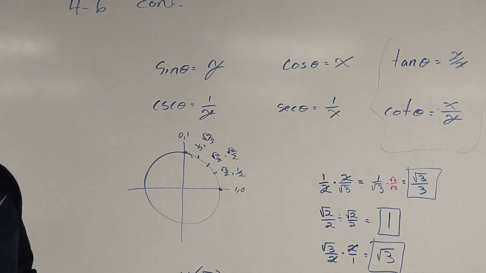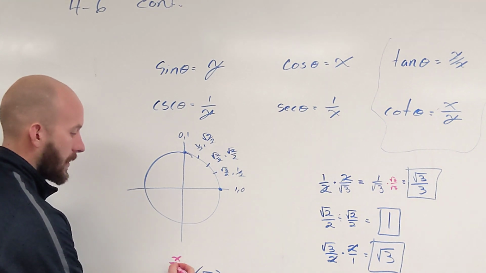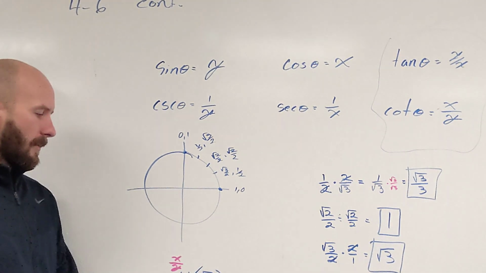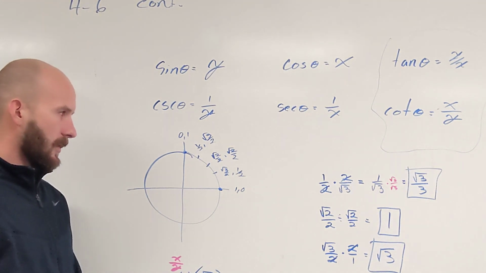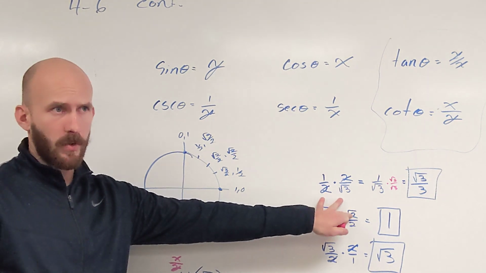So I know that cotangent is the ratio of x over y. I'm looking for where cotangent is this. I know that comes from taking 1/2 divided by square root of 3 over 2.